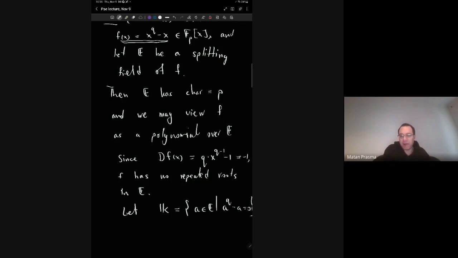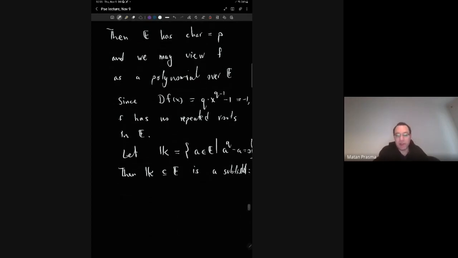And I claim that K is a subfield of E. Now, how do you see it? First of all, 0 is clearly contained in K. I mean, 0 is indeed a root of the polynomial x to the q minus x.